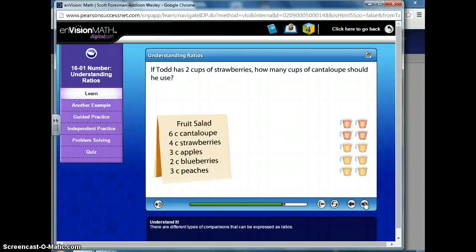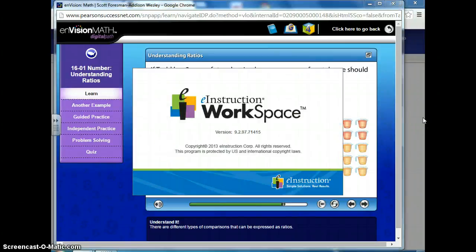Okay, if he has 2 cups of strawberries, how many cups of cantaloupe should he use? Well, let's look. We're looking at cantaloupe and strawberries. We have to do a little bit of work for this one.